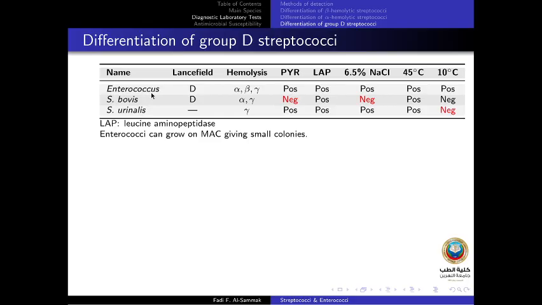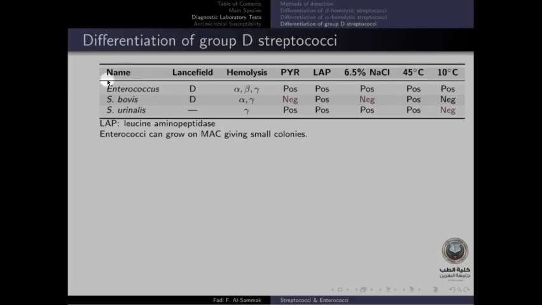And the only way to make a distinction between Enterococcus and Streptococcus urinalis is the growth at 10 degrees. It is positive in Enterococcus, but negative in urinalis. And everything on all other tests will be just the same.